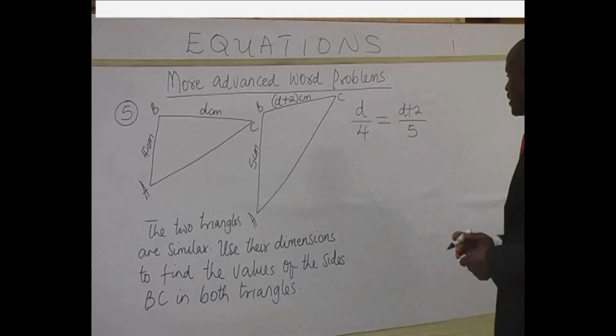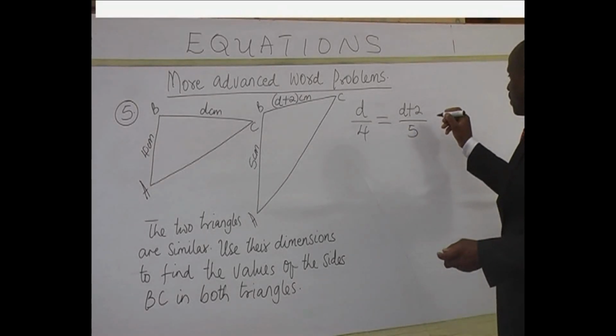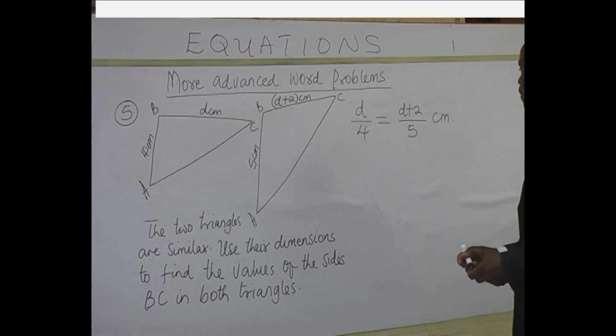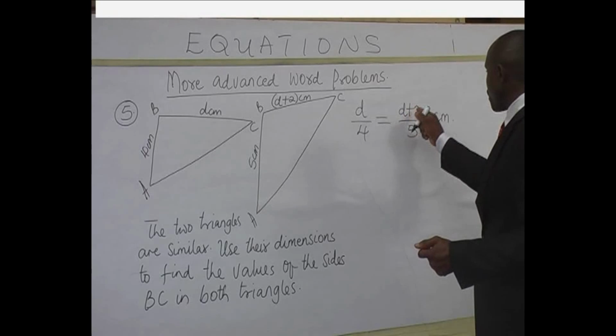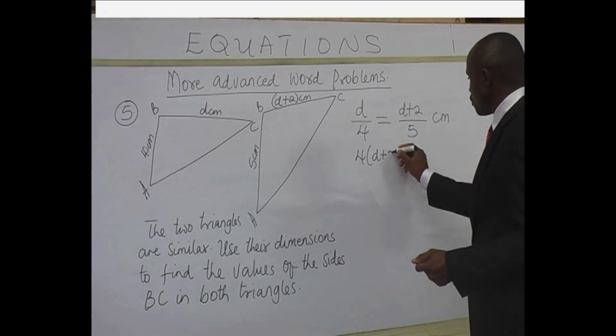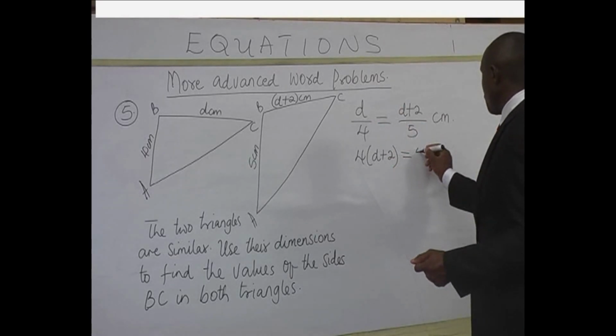You have finished constructing the mathematical figures. Now, cross multiply. You're going to have 4 times D plus 2, which is 4 into D plus 2, equal to 5 times D, which gives you 5D.